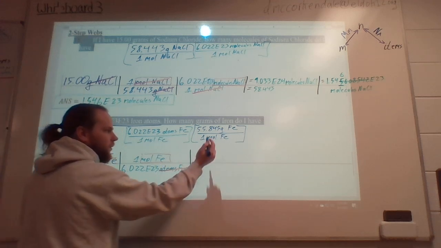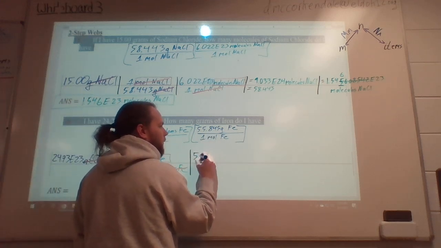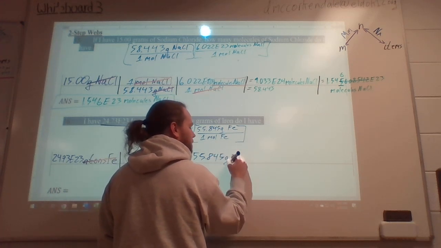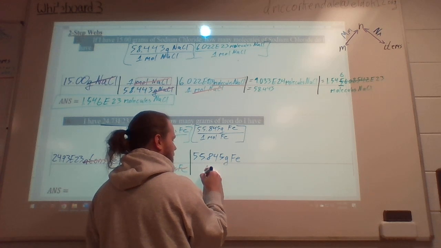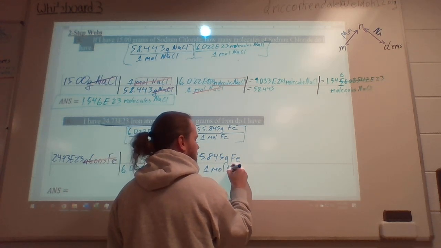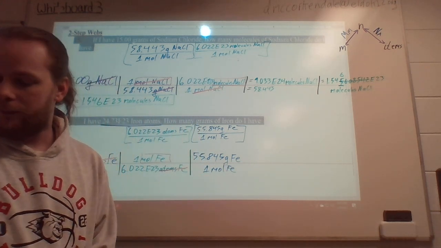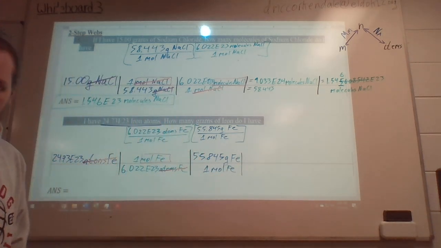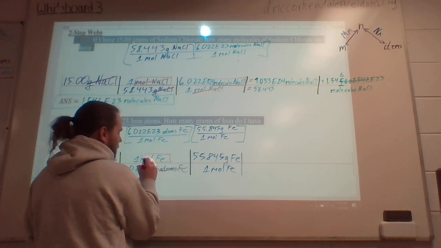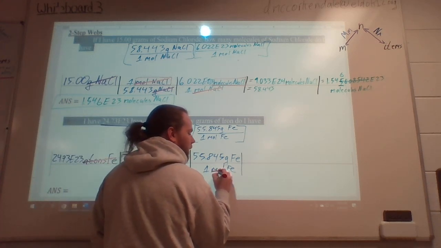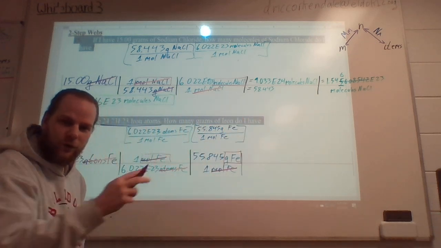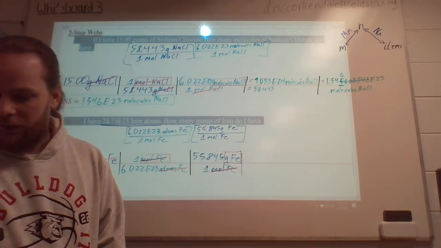Moles needs to cancel, so this goes in right side up. 55 on top and the 1 on the bottom. Moles of Fe cancel, leaving us with grams of Fe, which is what we actually want.